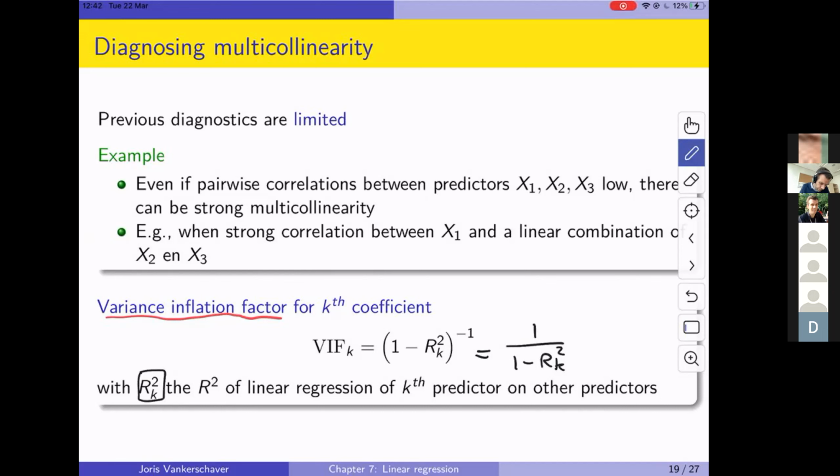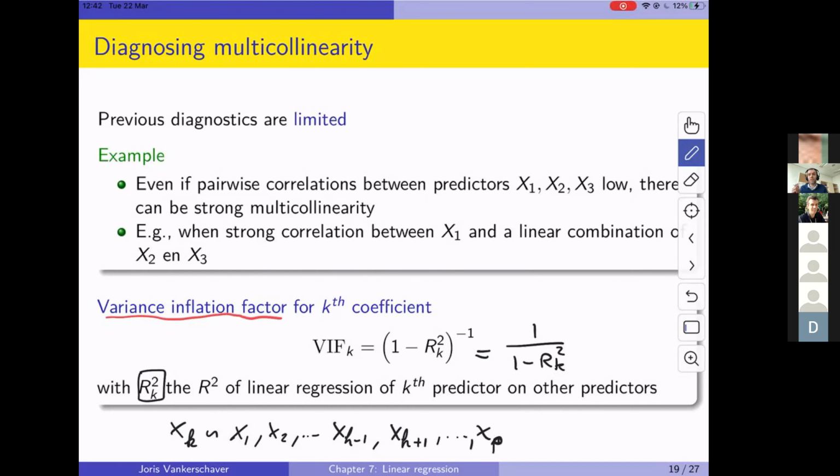So we look at the regression model of the form xk modeled as a function of x1, x2, and so on up to xk minus 1, and then we omit xk itself, and continue with xk plus 1, all the way to xp.